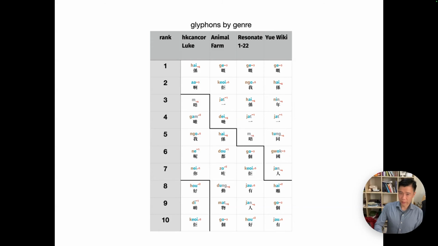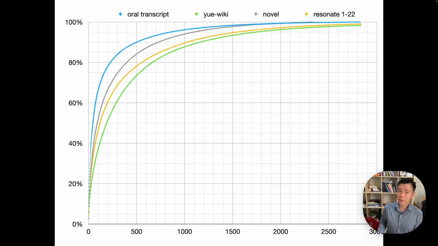If we want to go deep, or if we want to take a step back out and look at the forest, the stats is quite interesting. What it's saying is that the most commonly used characters are used extremely commonly. How extremely commonly? Well, extremely commonly. If you only know 500 characters, you will be able to read 90% of an oral transcript, provided that you choose your 500 characters right.